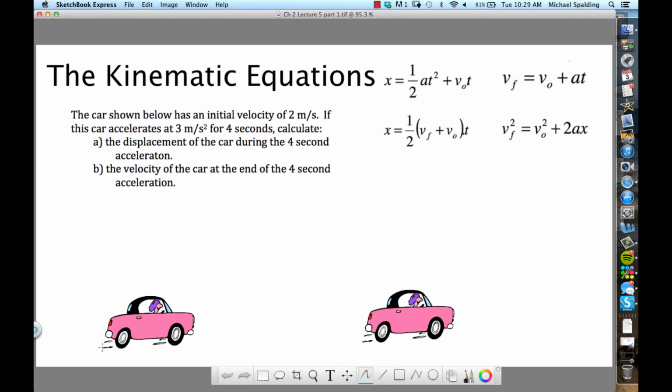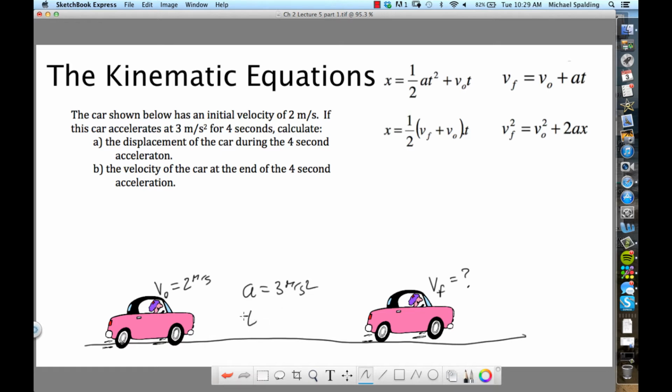The reason you want to do a quick sketch is so you can label your given information. The initial velocity of the car is 2 meters per second. The final velocity of the car is a question mark. We don't know. The acceleration is given as 3 meters per second squared. And the time interval from start to finish is 4 seconds.